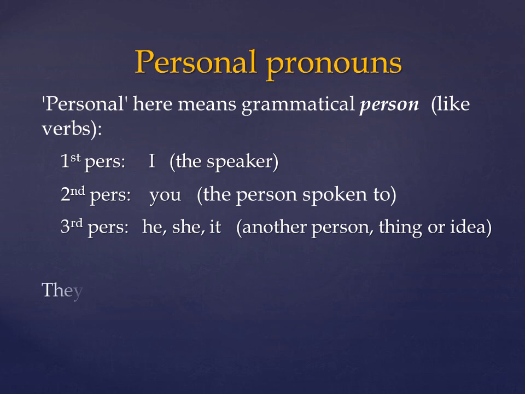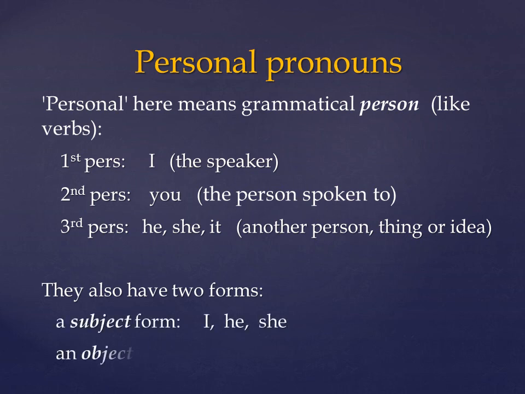For instance, as well as grammatical person, personal pronouns take two forms, that is, a subjective form and an objective form. We use the subject form when the pronoun replaces the subject of the verb, and you've guessed it, we use the objective form when the pronoun replaces the object of the verb.